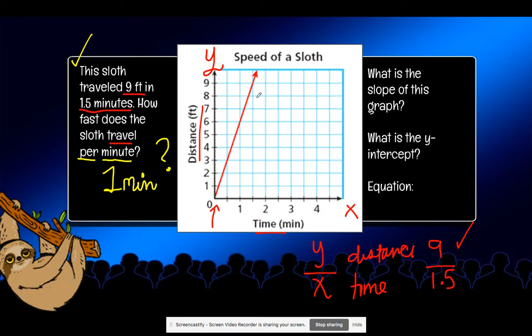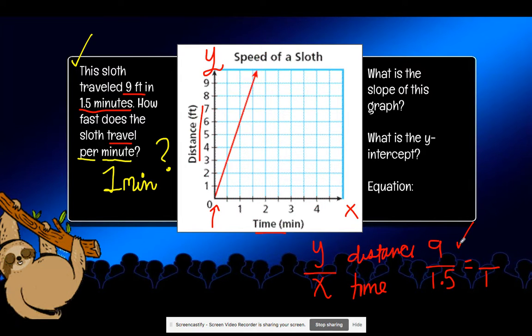In my graph, I could see that y is distance, so that should go at the top. X is time, that should be at the bottom. And so 9 divided by 1.5 should give me my amount traveled for 1 minute. So if I divide 9 by 1.5, I will then know how much per minute that'll be.